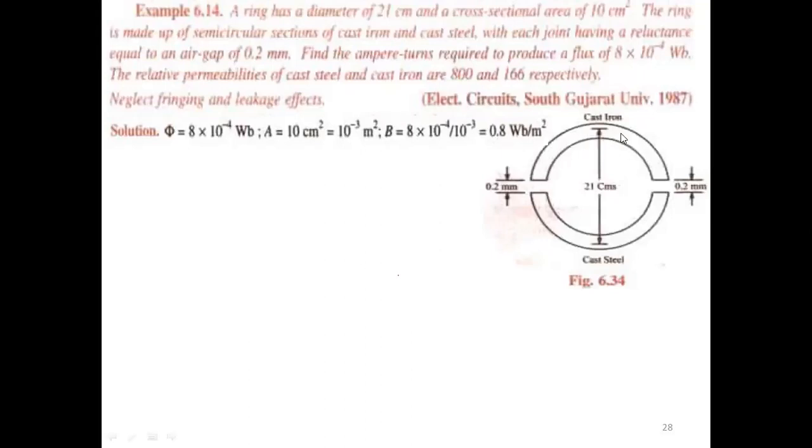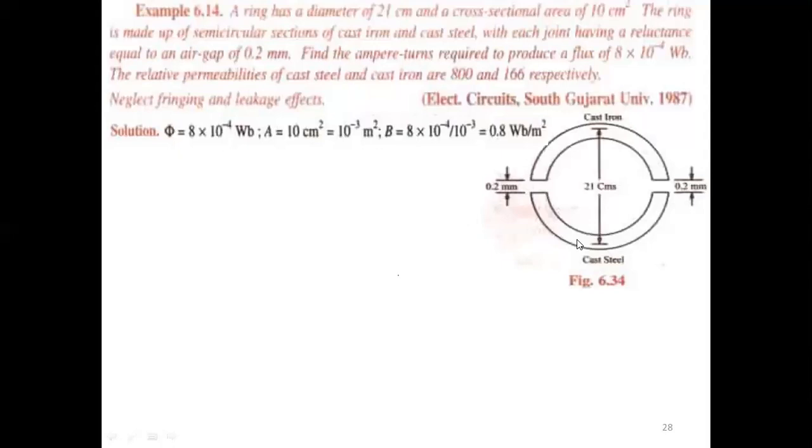This material's MMF we have to calculate separately, and the air gap MMF we have to calculate separately. Total MMF equals MMF of air gap plus MMF of cast iron plus MMF of cast steel.